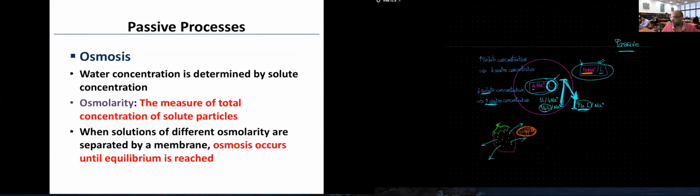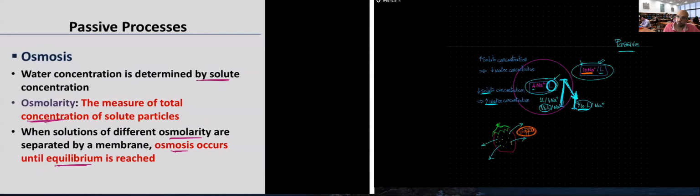All right, so what is osmosis? Again, as we mentioned, osmosis is going to be determined by the solute concentration. When solutions of different osmolarities are separated by a membrane, osmolarity being a measure of total concentration of the solute, osmosis takes place to reach equilibrium on both sides of the membrane. So we're looking on here.